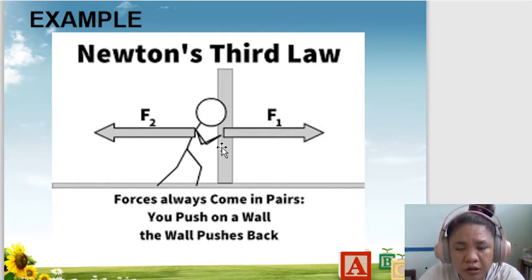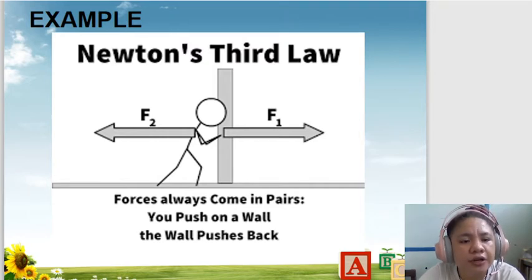The wall will also exert the same, opposite and equal force on the boy, which gives force 2. That means forces always come in pairs. So when you push on a wall, the wall also pushes back.